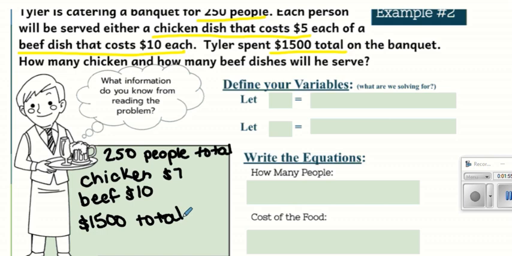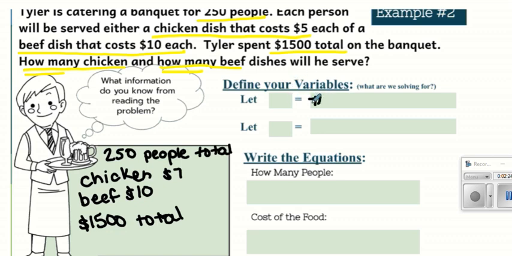Okay, and the question is asking us how many, which tells us we're trying to figure out the number of chicken and how many beef dishes are going to be served. So we need to figure out the number of chicken dishes and the number of beef dishes served. So the first thing we're going to do is define our variables. What are we solving for?